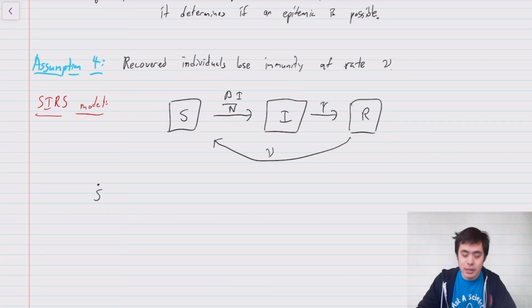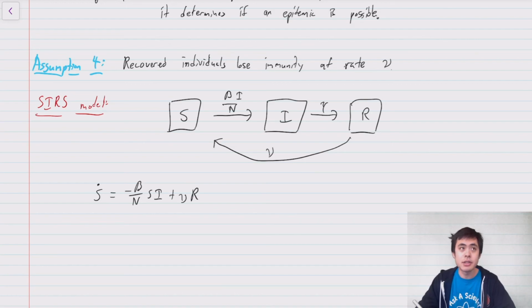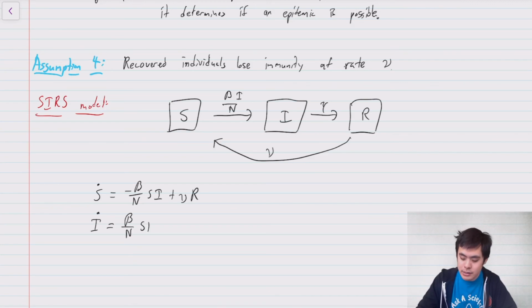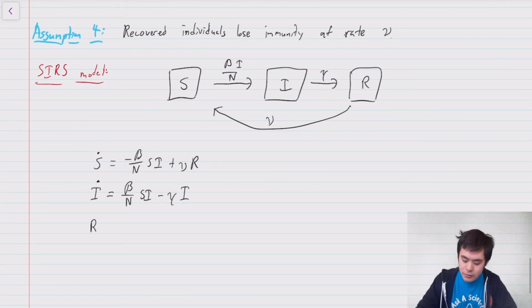So we have S dot is equal to minus beta over N S I plus nu R, because some amount of recovered individuals turn into susceptible individuals. We have I dot is equal to beta over N S I minus gamma I. And we have R dot is equal to gamma I minus nu R.